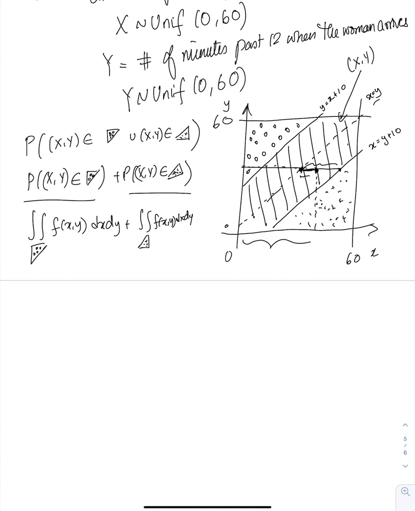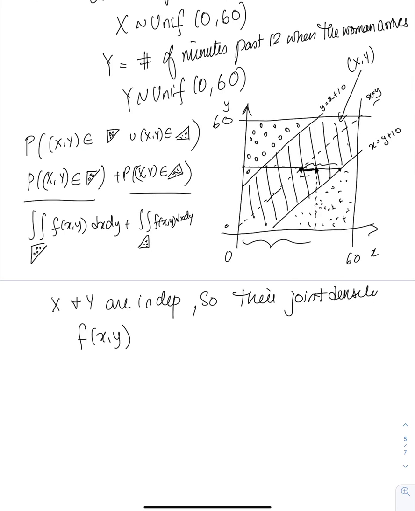The arrival time of the woman is uniform 0 to 60. Their arrival times are independent. You're told that each of them independently arrives. So you know that x and y are independent. And we've seen what happens when random variables are independent. So their joint density is equal to the product of the densities. So that's 1/60 times 1/60, because it's uniform 0 to 60. That's the joint density. Okay, so that's quite nice.